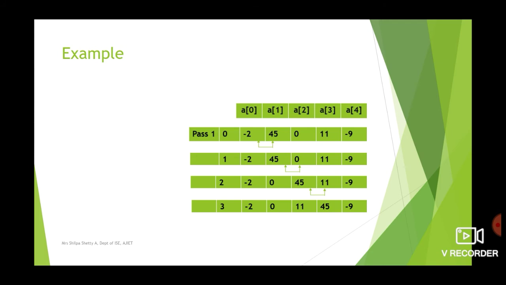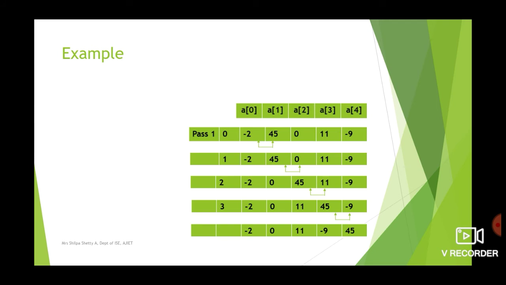Next, the fourth comparison of the first pass. Fourth comparison means j will be equal to 3, because we are starting from 0. In this comparison we are comparing 45 and -9, that is the fourth and the fifth elements of the array, and 45 is greater than -9, so they have to be swapped. So 45 and -9 will get swapped, and at the end of this pass, the elements will be -2, 0, 11, -9 and 45.